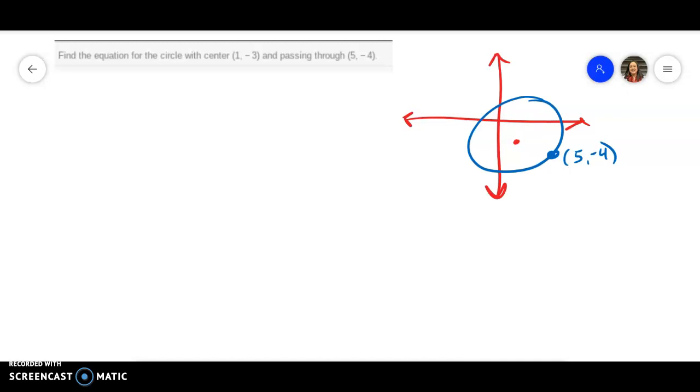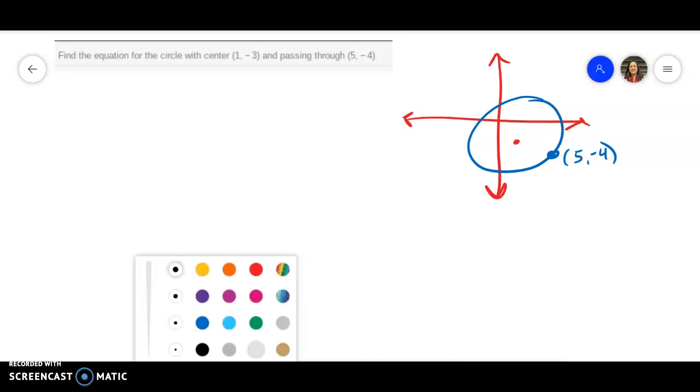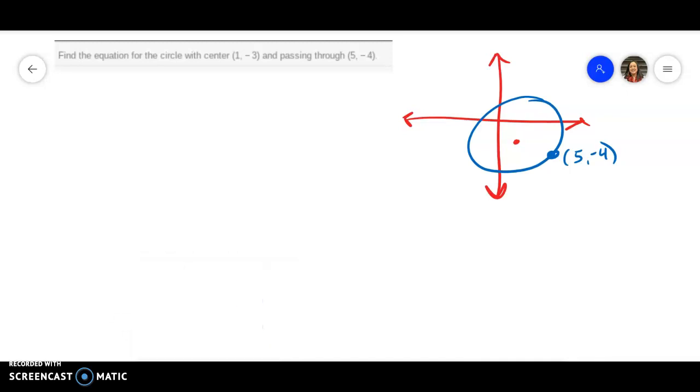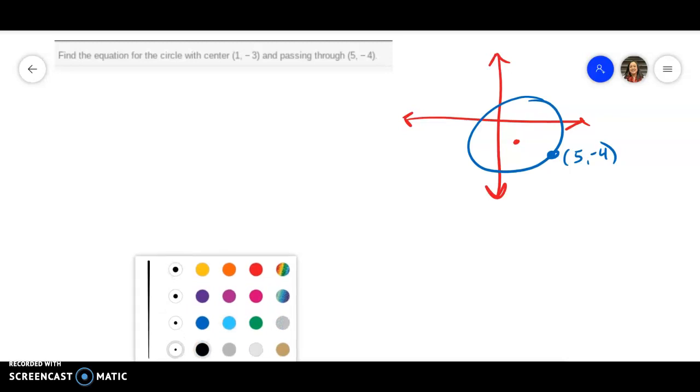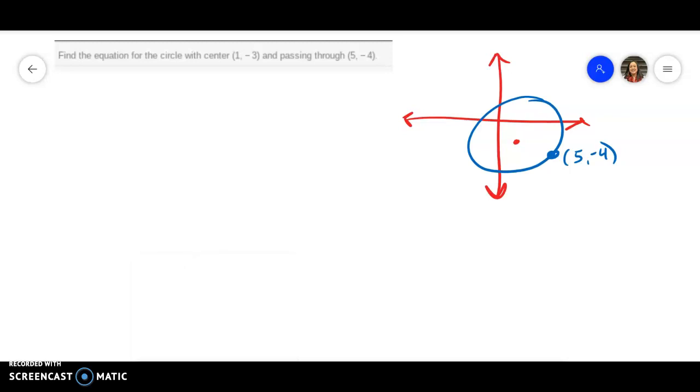All right. So you need to ask yourself, well, they're asking for the equation of a circle. What do I need to know to create the equation of a circle? There's two things you need. The two things we need for the equation of a circle are your center and your radius.